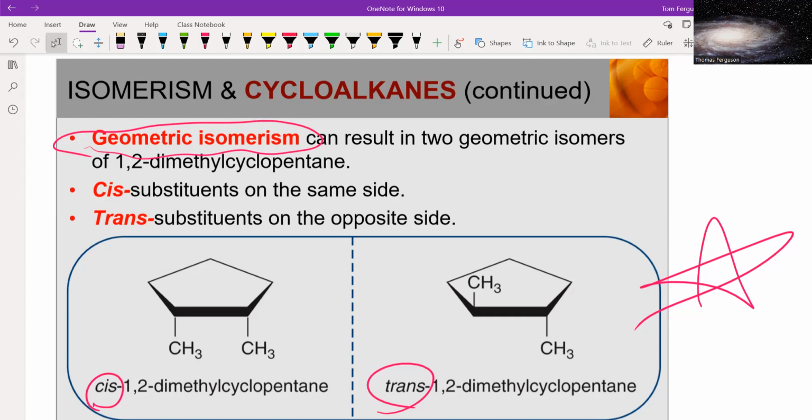There's another problem. Who's heard of the thalidomide problem back in the 60s? Thalidomide was given to new mothers for anti-nausea during the first trimester.